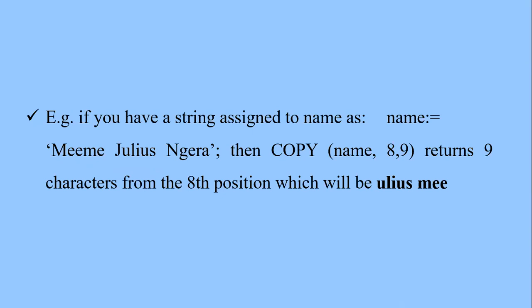Then if we have copy, and then we enclose in parentheses, name, that is the variable, comma, 8, comma, 9, it returns 9 characters from the 8th position from the beginning, which will be, in this case, Ulius me.